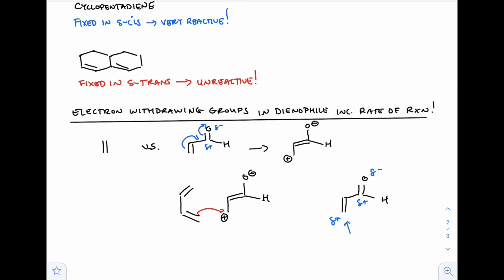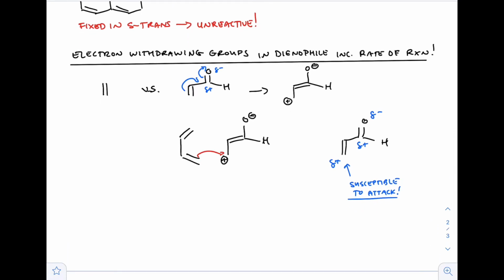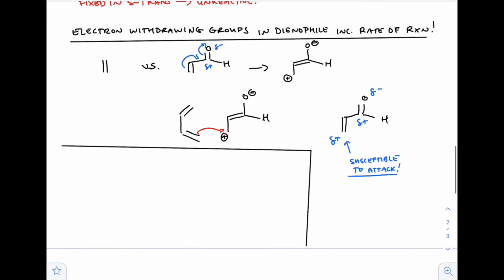And so it's more than happy to accept electrons to get the party started and start shifting pi bonds to create that cyclohexene ring. Okay, remember it is a concerted reaction, but it's got to start somewhere, right? So it is susceptible to nucleophilic attack because it is electrophilic or delta positive because of the adjacent positive carbonyl that's bound to the more electronegative oxygen.